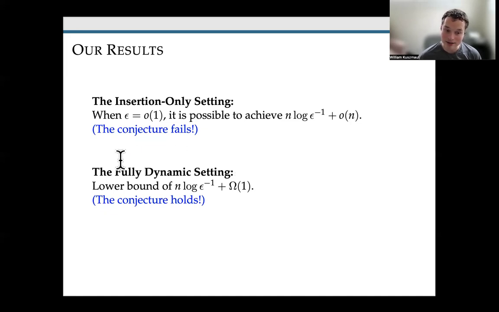Our second result is a lower bound. We show that for the fully dynamic version of the problem, insertions and deletions, actually the conjecture is true. The optimal space bound really is order n more bits than what you had in the static case.